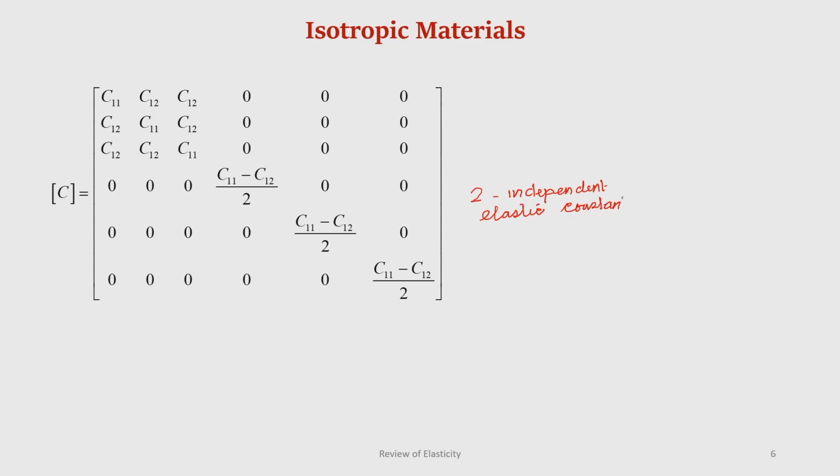We have 2 independent elastic constants. So we could see that due to the existence of planes of material property symmetry, the number of independent elastic constants required to characterize a material reduces from 21 in the case of a fully anisotropic material to only 2 in the case of an isotropic material.